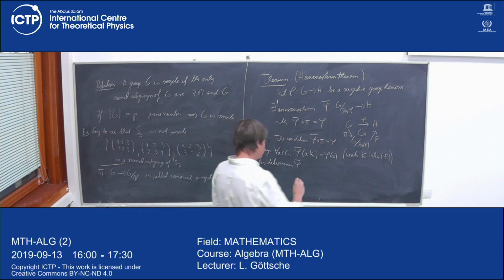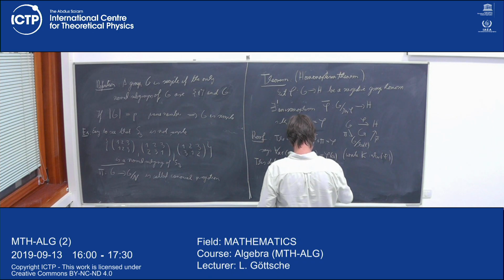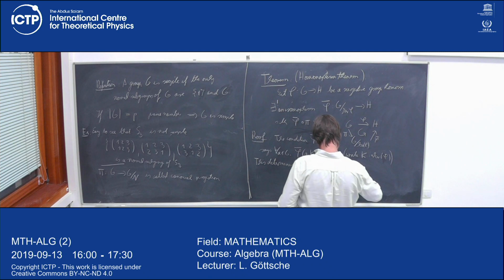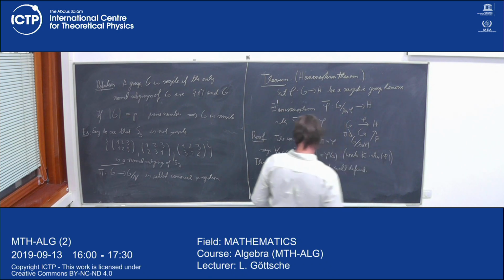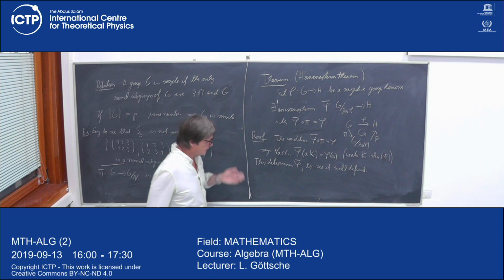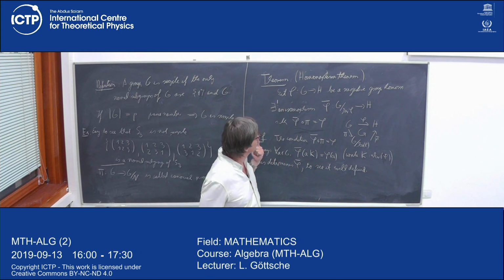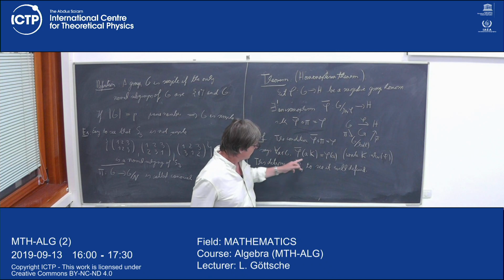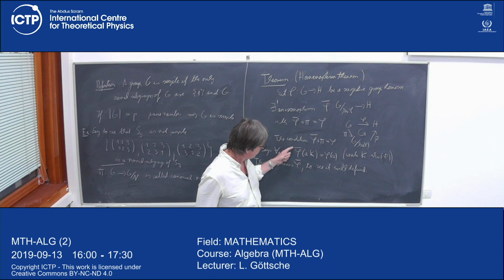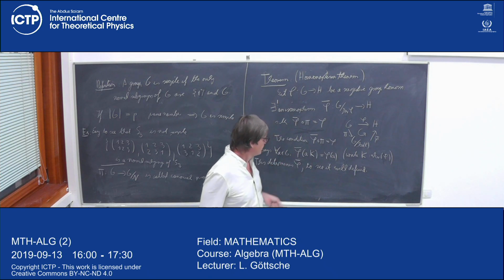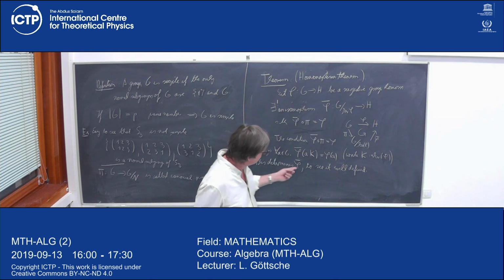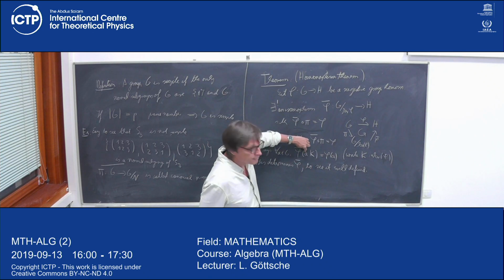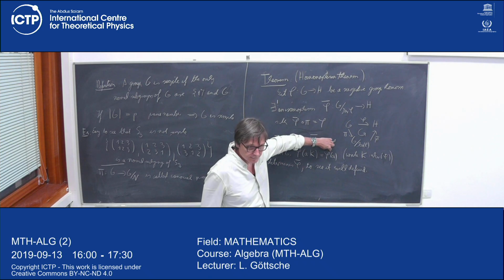To see it is well defined, I should also say that if this definition makes sense, this map phi bar is obviously surjective, because every A in the group occurs, so every phi of A also will occur.